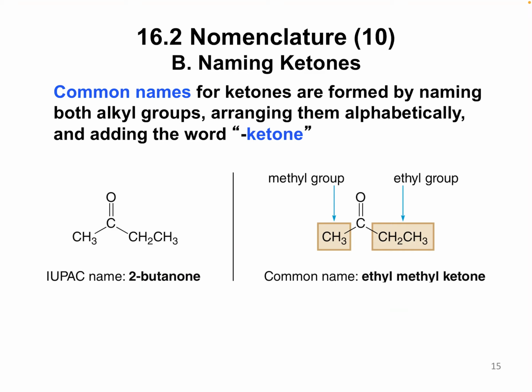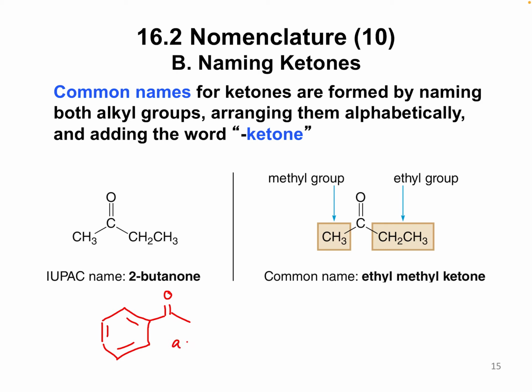So, in terms of common names for ketones, don't worry about them too much, all right? We can do a similar thing with ketones that we do with ethers by just naming the two alkyl groups attached to very simple ketones. There is one common name for a ketone that I do want you to remember, and it's one where we have a carbonyl group and then a methyl group attached to a benzene ring.